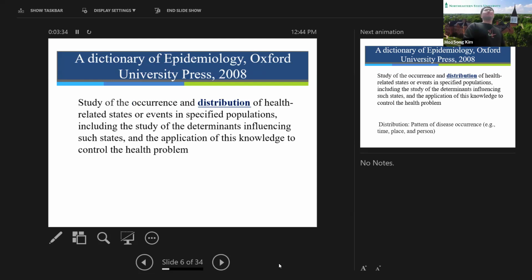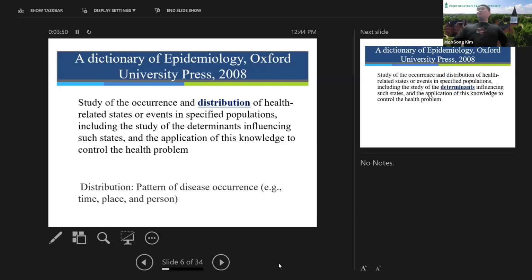Distributions. It is a pattern of disease occurrence, like where the disease occurs and when, and who gets the disease.